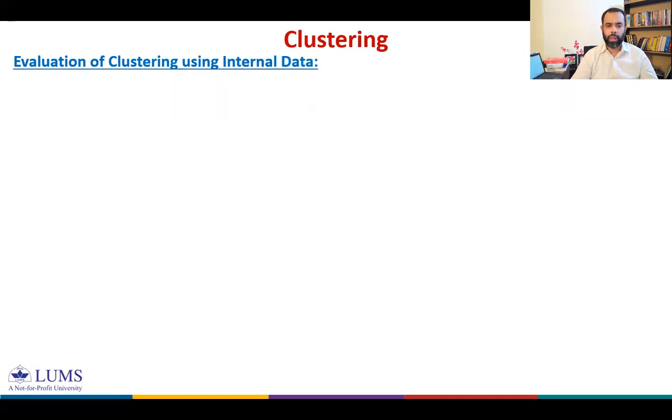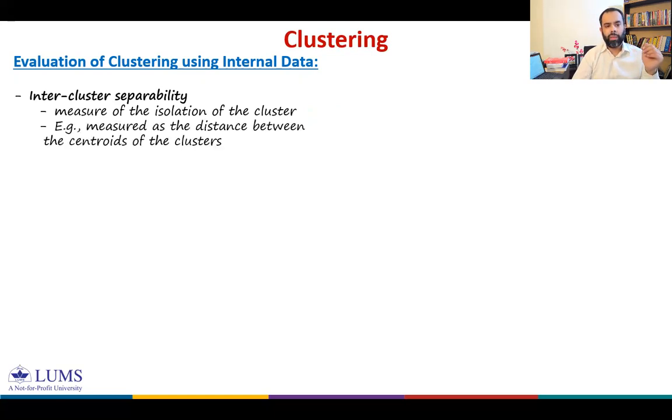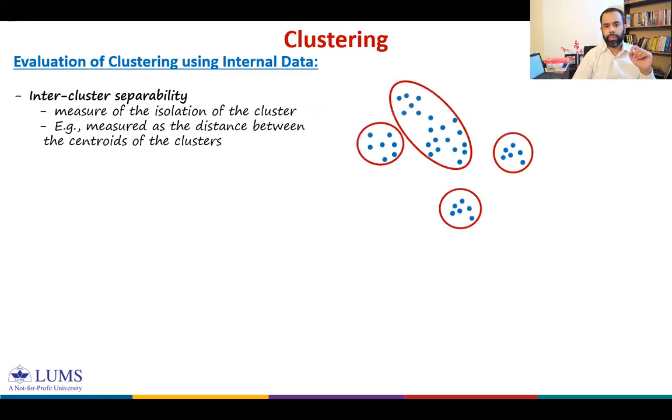So, evaluation of clustering using internal data. One measure could be intercluster separability, a measure of the isolation of the clusters. This could be measured, for example, using the distance between the centroids of the clusters, between the centers of the clusters.